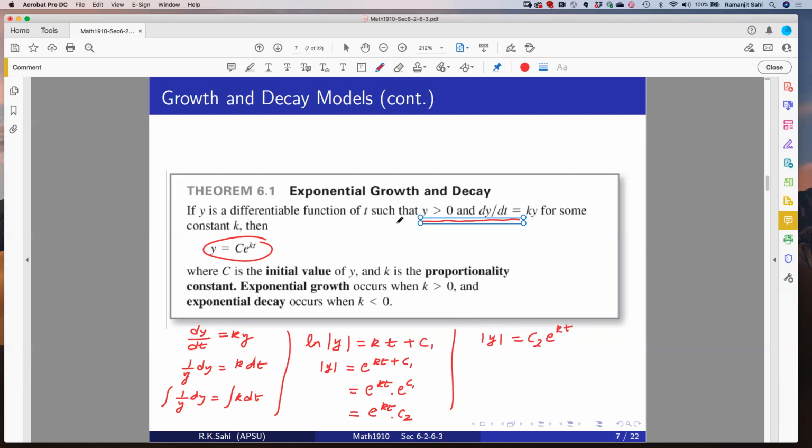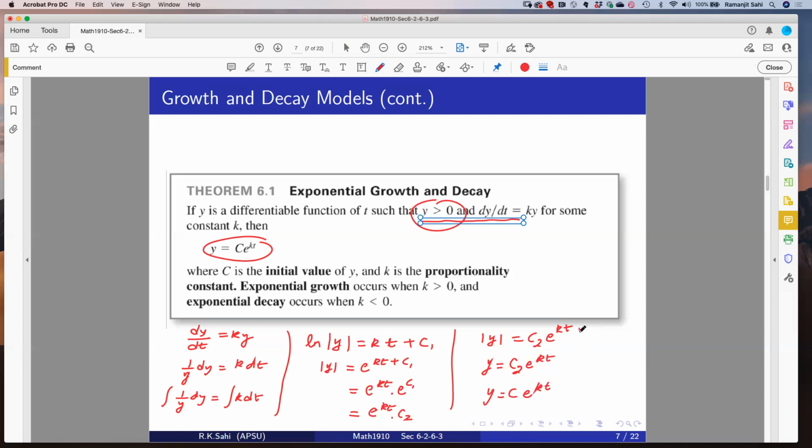Now, if my y is positive, then if I remove the absolute value, it would be a plus or minus. Or if I take my y to be positive, then the absolute value of y will always be y. This will be equal to C2 e to the power kt, or I can rewrite this as y equals c e to the power kt.